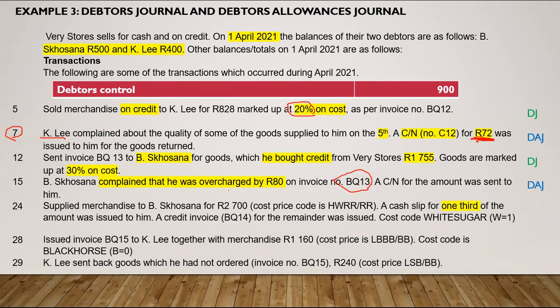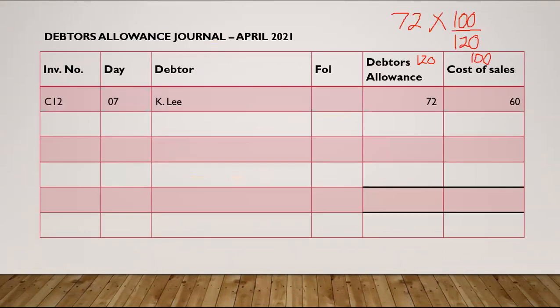It will not have cost of sales because students take chances, even when it's just a return of goods. They will not write anything under cost of sales. And then when I give them their scripts back, they will put the value there. So you can't just leave it blank. So even though it doesn't have cost of sales, you still have to either write 0 or a dash under cost of sales.